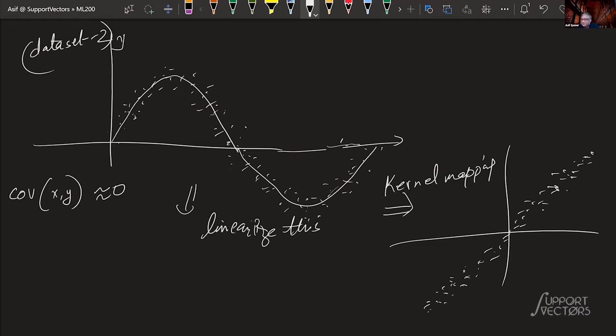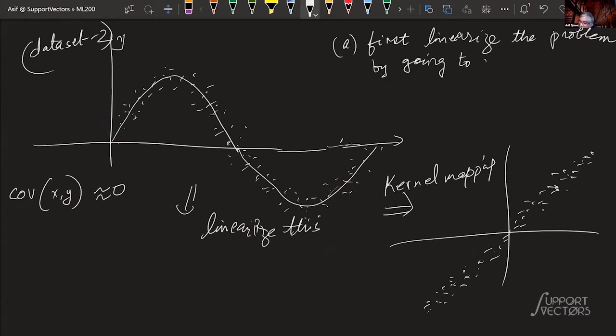Let me write down the 2 steps. First, linearize the problem by going to a higher dimension.